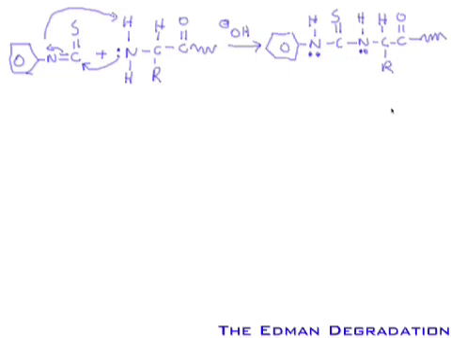Now, let's be clear about this. What we've done here is what was our phenylisothiocyanate, and the other side was our peptide. This N had originally picked up a proton, but the OH- deprotonated it. We have 1, 2, 3, 4, 5 atoms. So this lone pair could wrap around and attack, making a 5-membered ring.